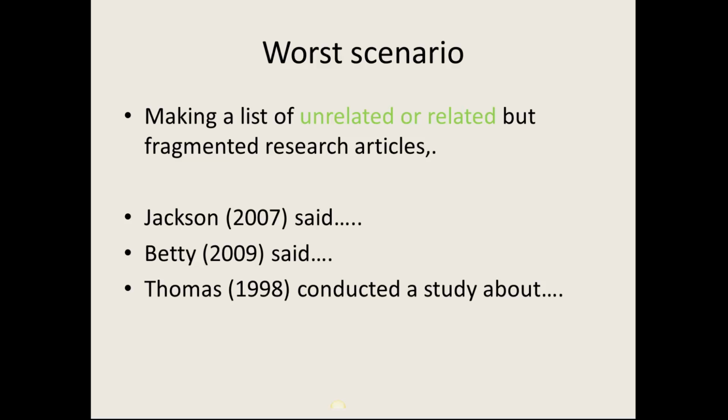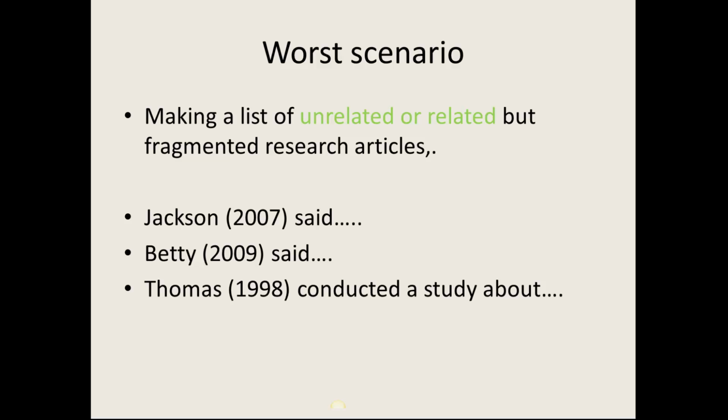I start with the worst scenario of writing a literature review. I think that's going to give you the idea of what is expected. The worst way you can write your proposal is to make a list of unrelated or related but fragmented research articles.